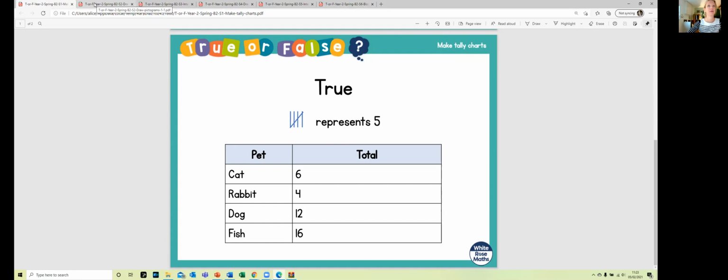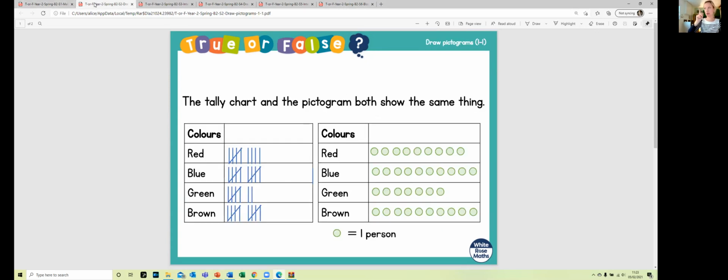Question 2. This was the question I gave you. The tally chart and the pictogram both show the same thing. So when you looked in more depth into both the tally chart and the pictogram, you could see that they're looking at colours. And somebody's done a tally of colours: red, blue, green and brown.